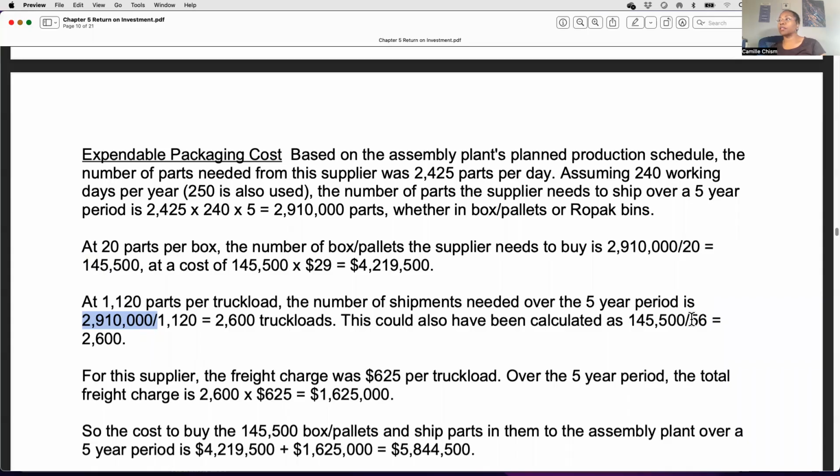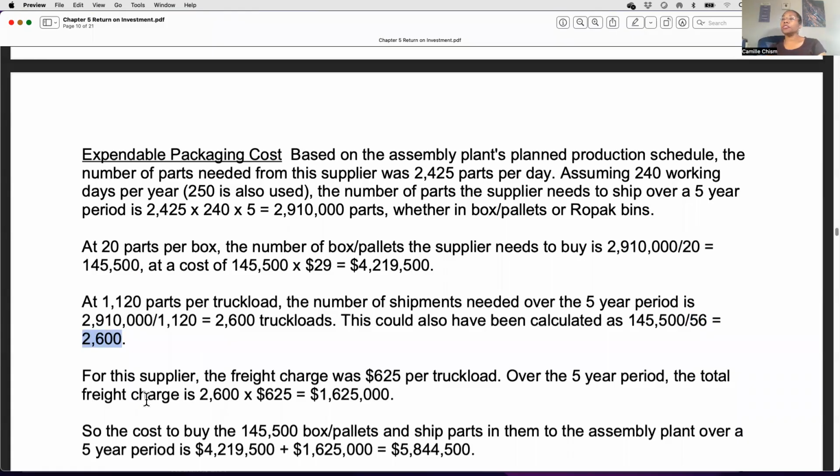So the 56 is how many per trailer you get, and that tells you the same thing. So that's kind of a double check that you're going to be shipping 2,600 truckloads over the 5-year period.